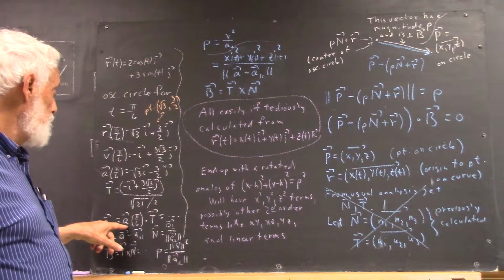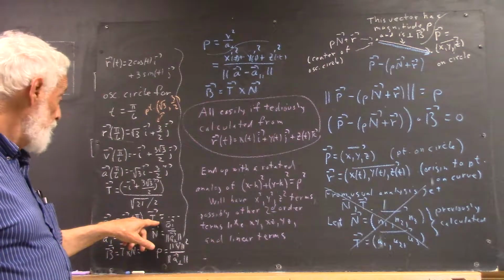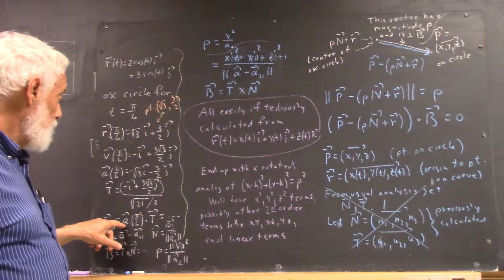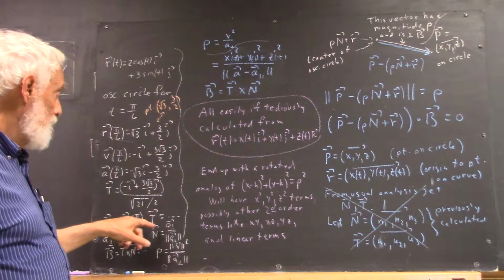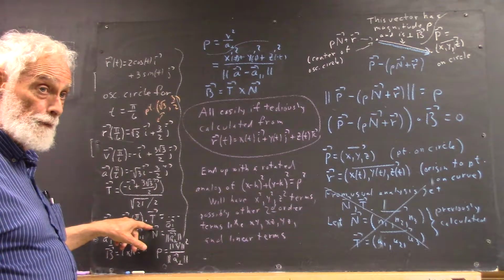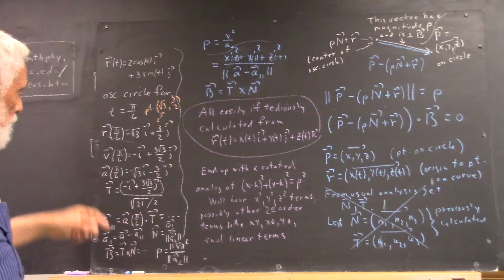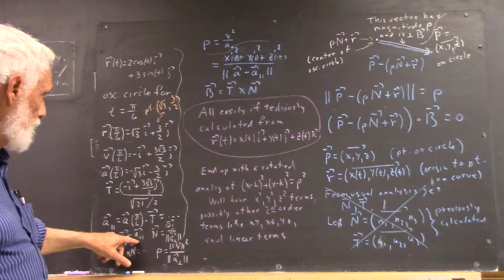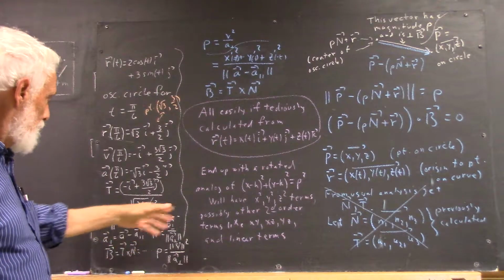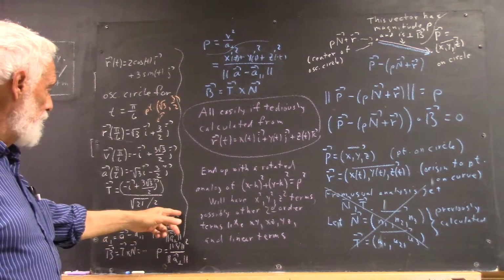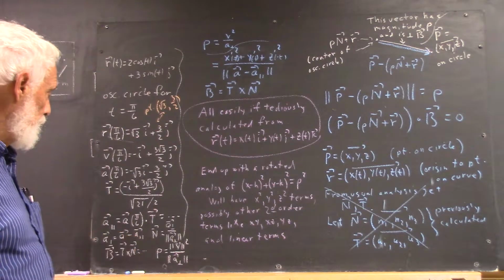It's a of pi over 6 dotted with your unit tangent vector. We went over why that is. And your a perpendicular then is a minus a parallel. This is an easy calculation.